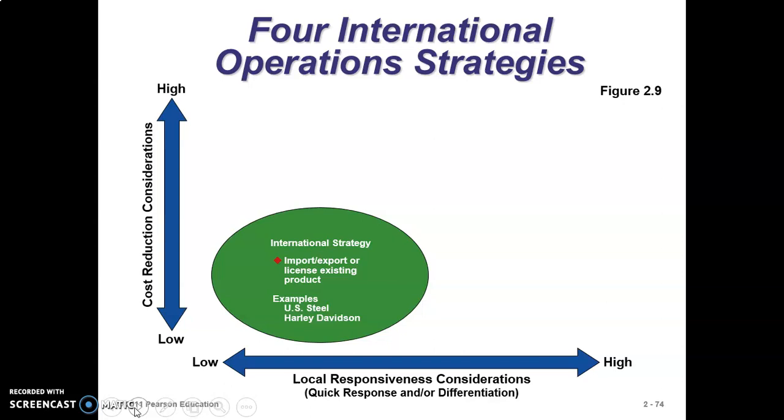Okay, and in the international strategy, they have very low local responsiveness consideration. They are not considering the local part. Like entering Malaysia, they come in just as they are, because Malaysians don't want a Harley Davidson with small tyres or anything like that. They are not based on local preference.